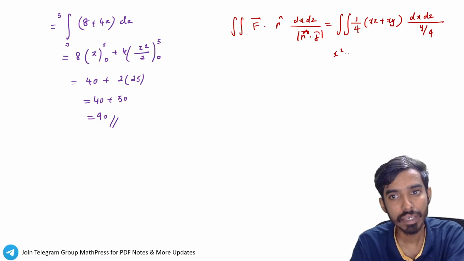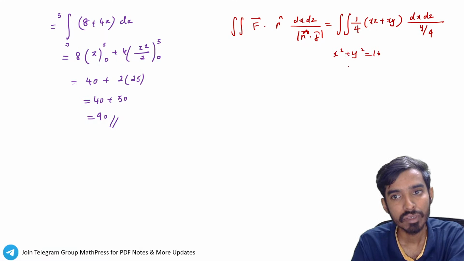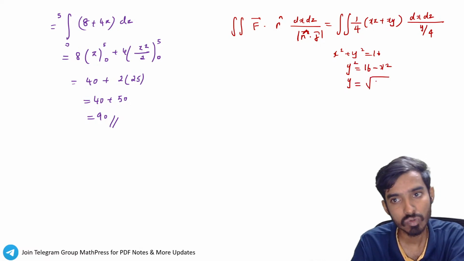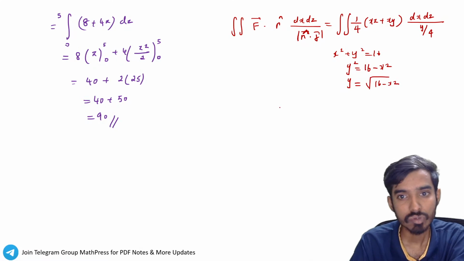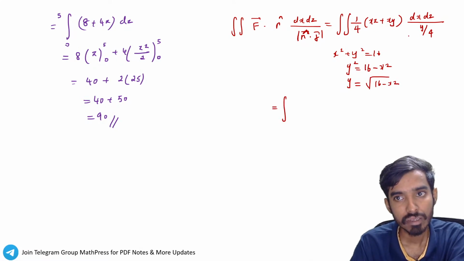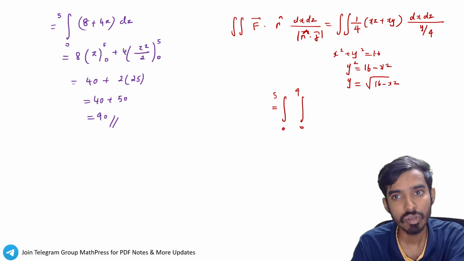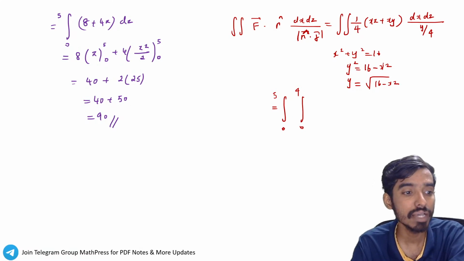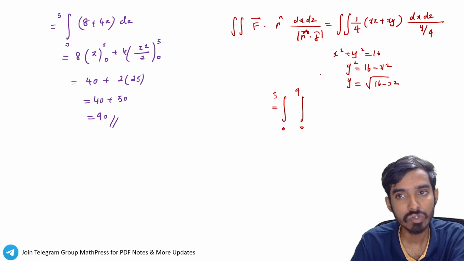So we know x square plus y square is 16. That means y square is 16 minus x square. Since we are in the first octant, y is root of 16 minus x square. So now this integral will be, z varies from 0 to 5. On the xz plane where y is 0, x square is 16, so since we are in the first octant, x goes from 0 to 4.